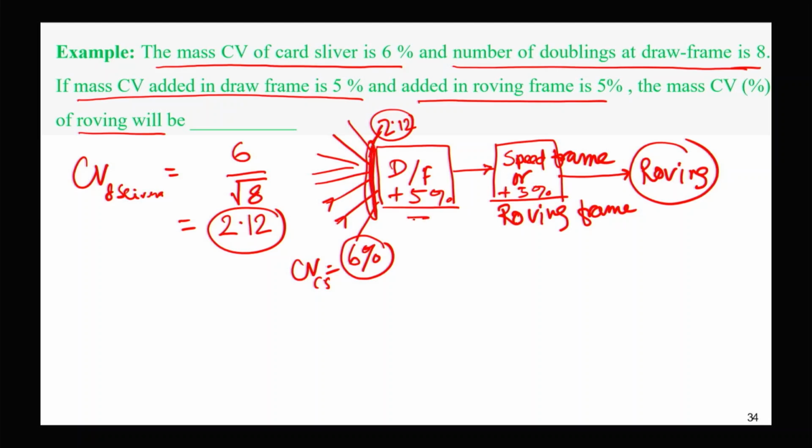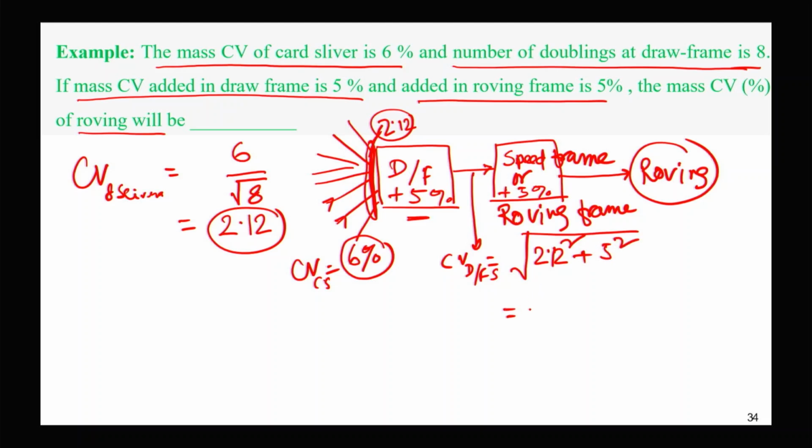Then we are adding 5%. So the CV of the draw frame sliver will be under root, since it is added, 2.12 square, which is the input mass, plus 5 square, which is added.